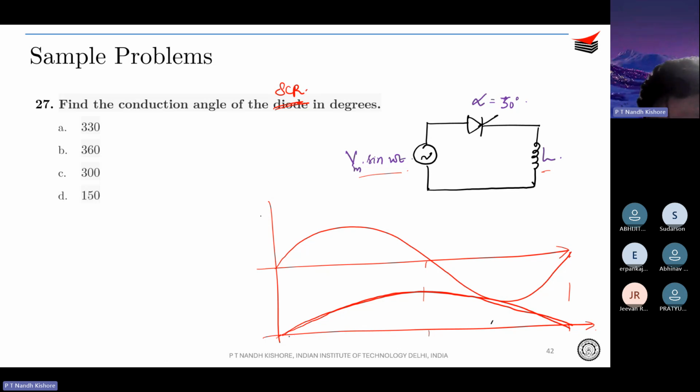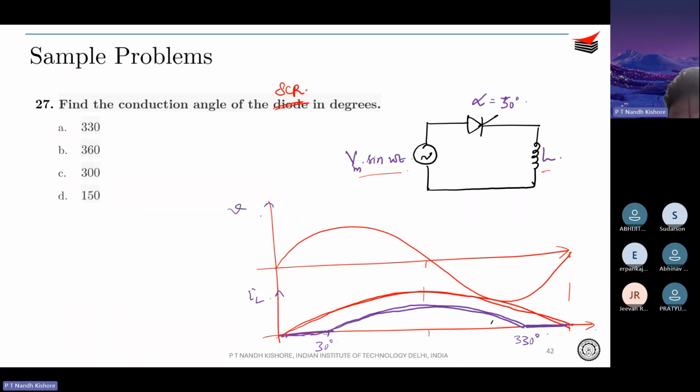So this is your IL, this is your V. It will start conducting from 30 degrees and stop conducting 30 degrees prior, so at 330 degrees. So the SCR current will be something like this.